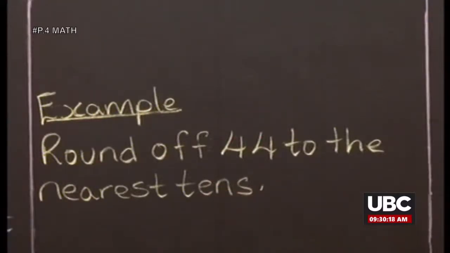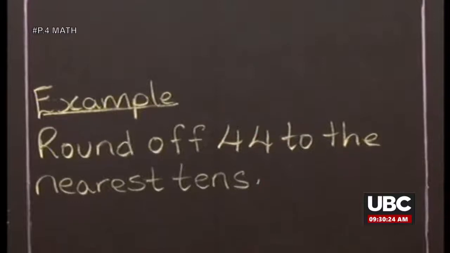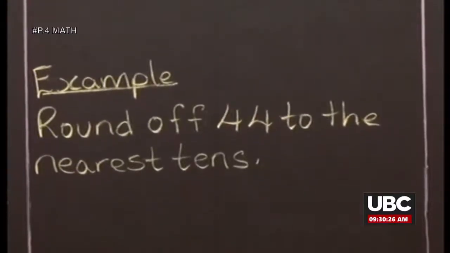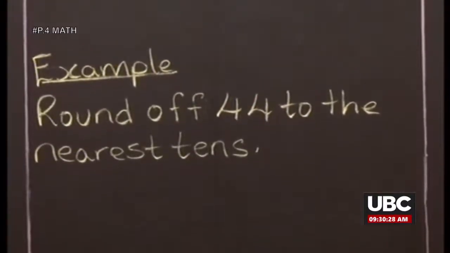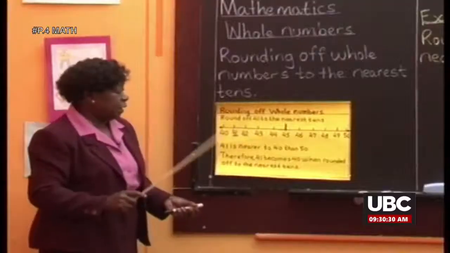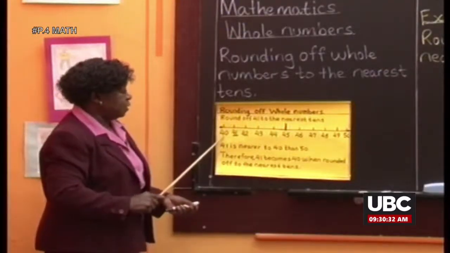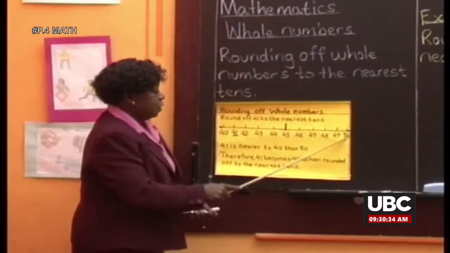I have another example here. It says, round off 44 to the nearest tens. If we look at our number line, 44 is here, and the tens we are talking about are 40 and 50.